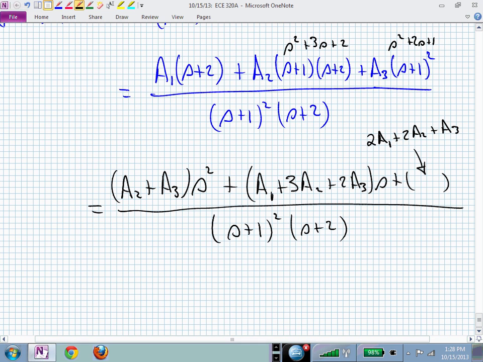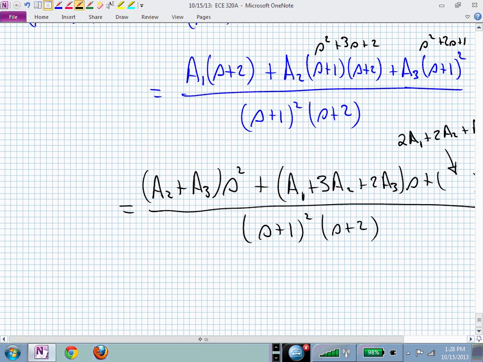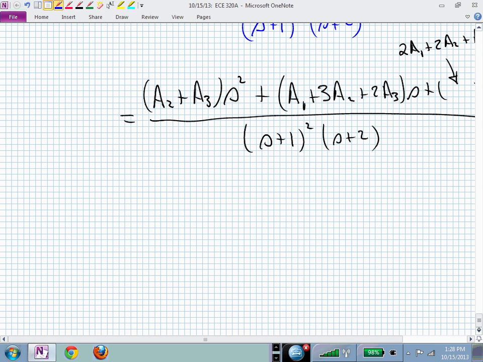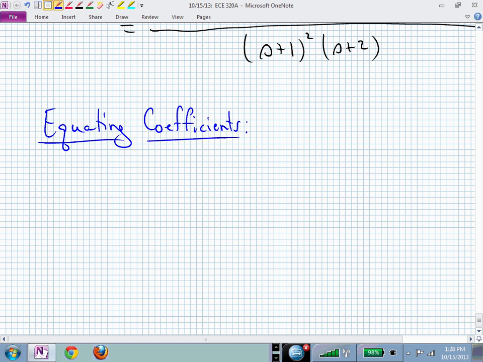This is a turn the crank approach. Meaning now all we have to do is plug this into our calculator, essentially. We can now equate coefficients of the like powers of s. Or we can actually sort of back substitute and solve this in sort of an iterative fashion if we wanted to.